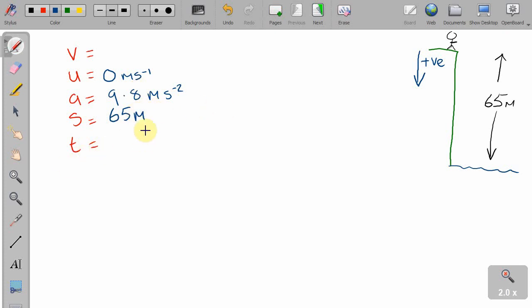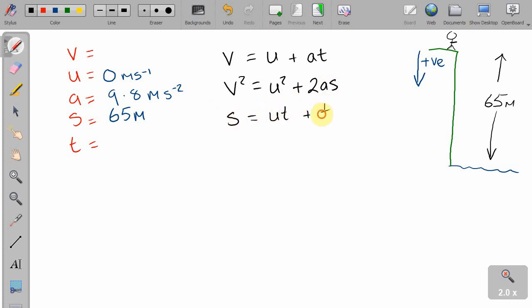Okay, so the next step that we have then when we're doing this is to write out the equations. So V is equal to U plus AT. V squared is equal to U squared plus 2AS. And S is equal to UT plus a half AT squared.